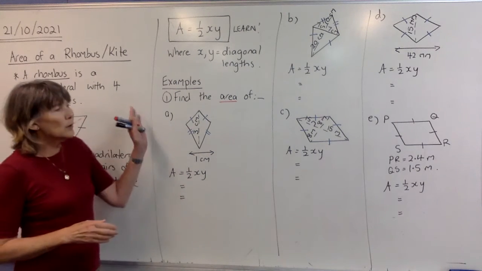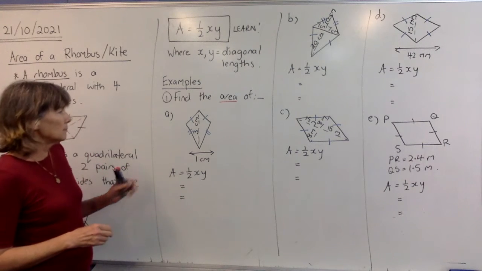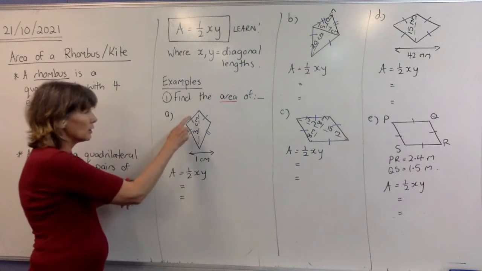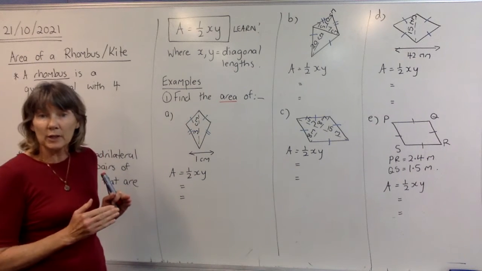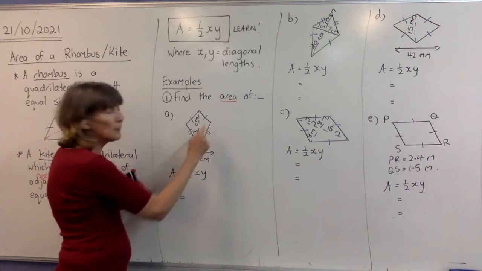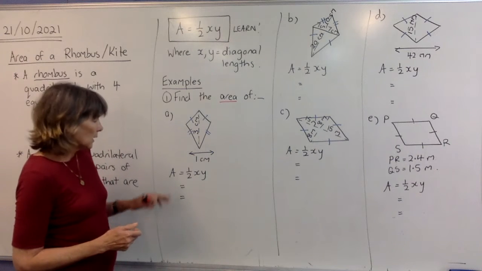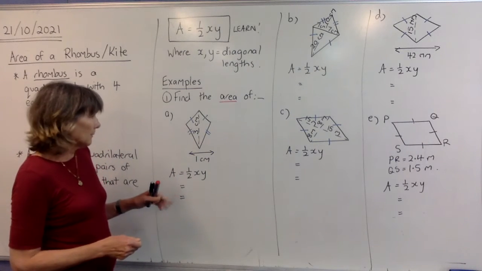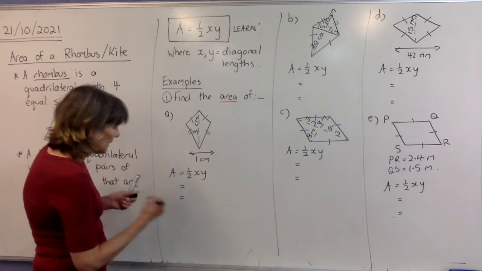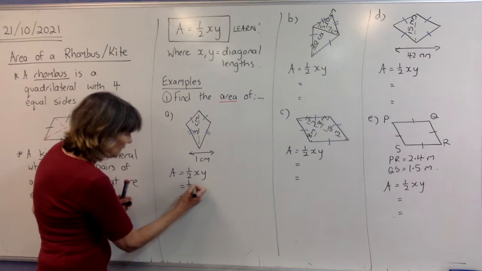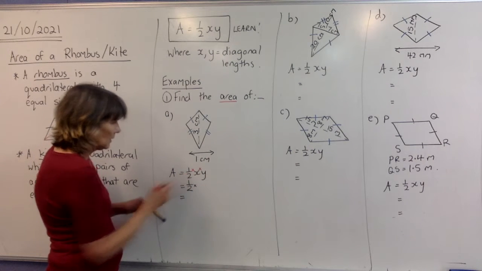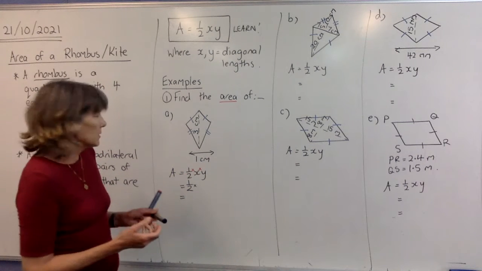All right, so in all these questions we're finding the area. So if you look at this question here, this is a kite. It's got one pair of adjacent sides equal, and here's the other pair of adjacent sides equal. So we're using our area formula, A equals a half xy. So now we're going to sub into this formula. So we've got a half times, remember there's times signs in here, and the two diagonal lengths go in now.